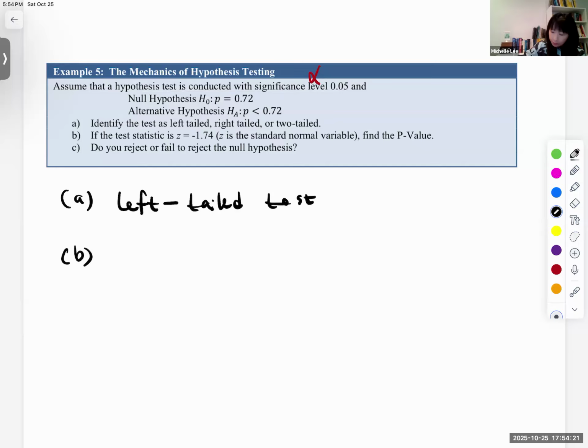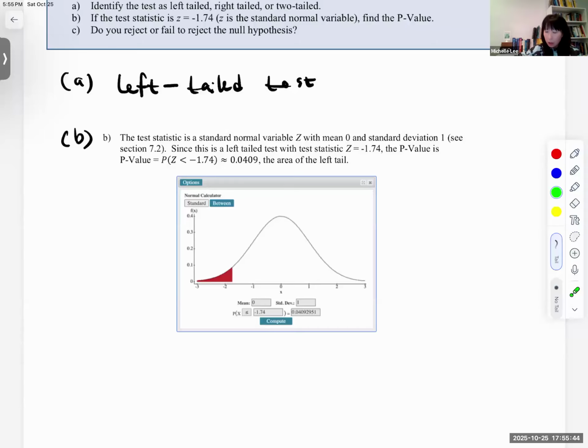Okay, second part. If the test statistic z equals negative 1.74, where z is a standard normal variable, find the p-value. Let me bring the picture from StatCrunch from the textbook.